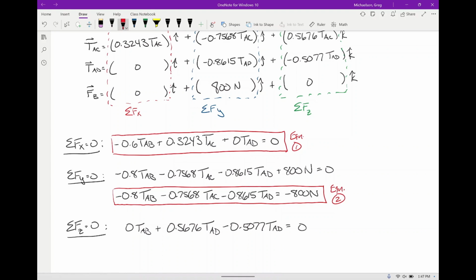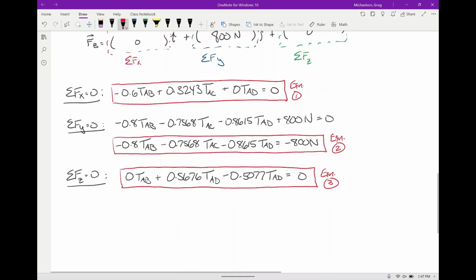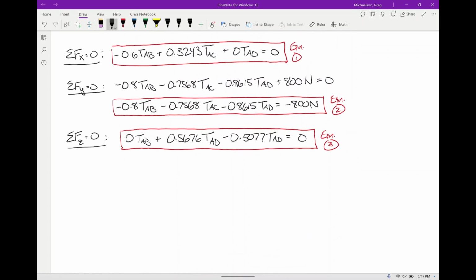We can call this equation 3. Then we'll write it in matrix form.